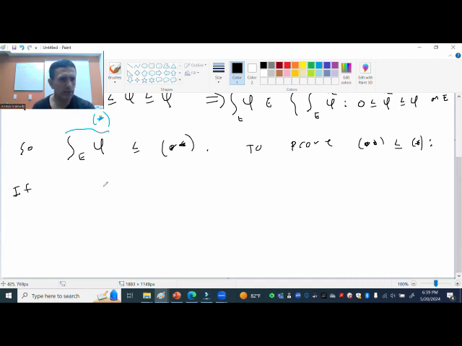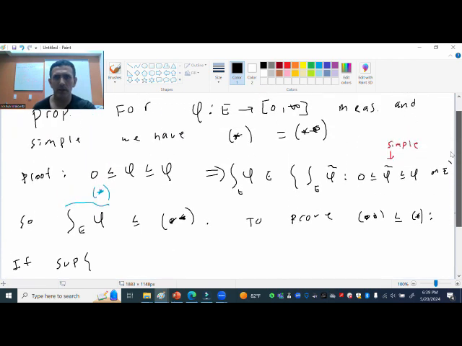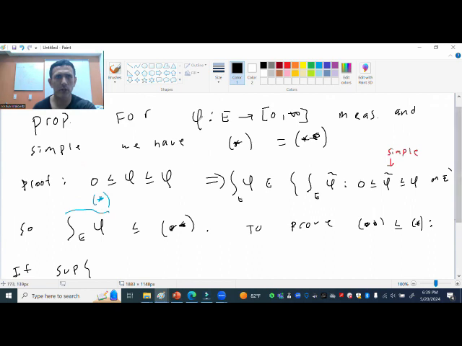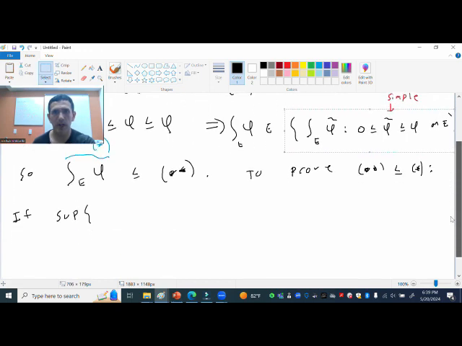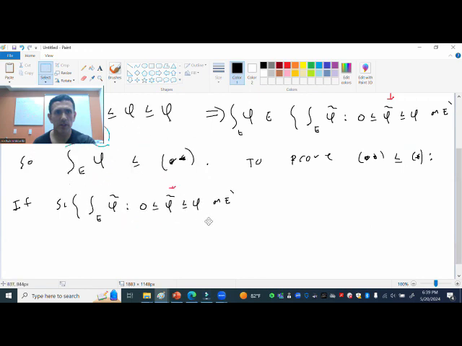So the first case is going to be if this supremum is finite versus infinite. So let's say this is infinite. And I'm going to stop saying simple because it's just annoying to write.